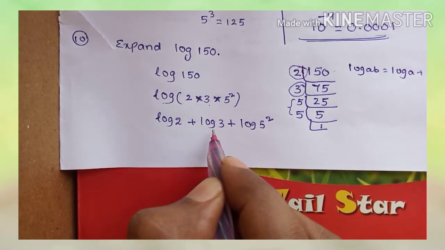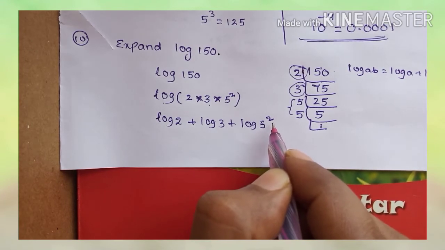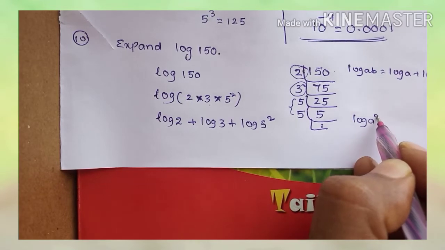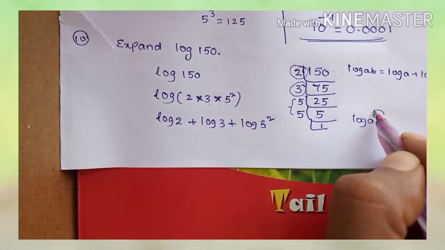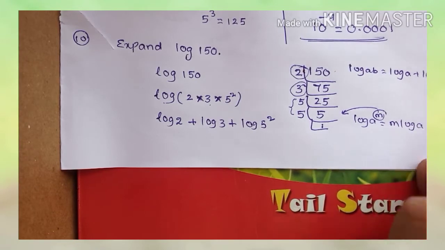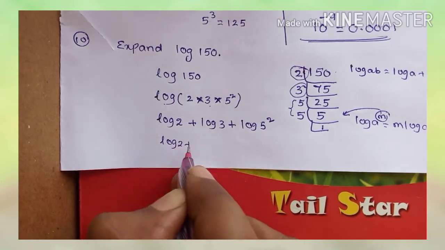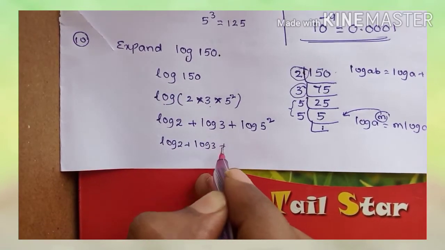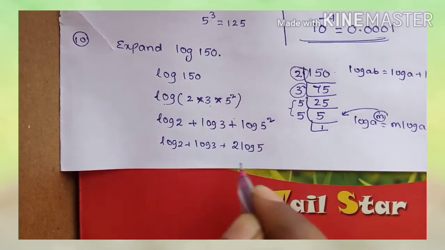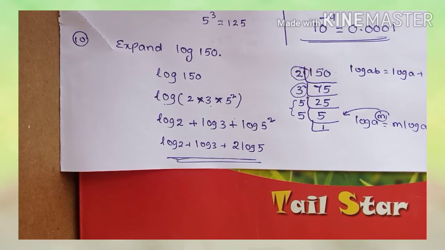Here also no exponent. Here an exponent is there, so we should simplify, as we know the formula log A power m is equal to m log A. That power you can write as a coefficient. So log 2 plus log 3 plus 2 log 5. Okay, let's go for the next one.